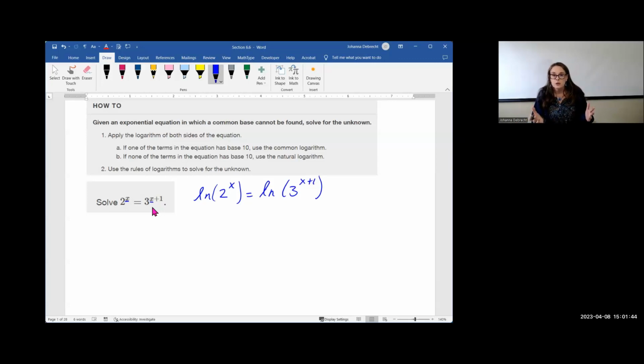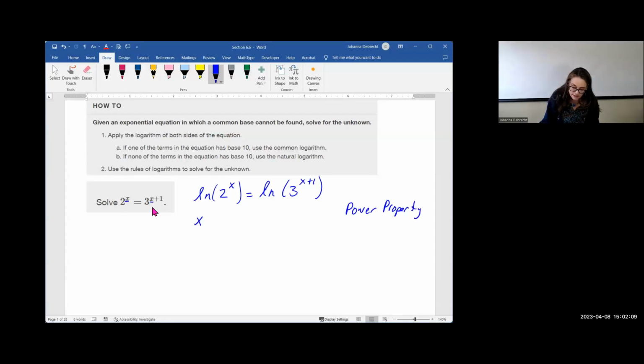There's nothing you can do algebraically, add, subtract, multiply, divide, raise, take a radical, none of that is going to pull the x down. But the property of logarithms, the power property, does do that. So now I apply that power property.